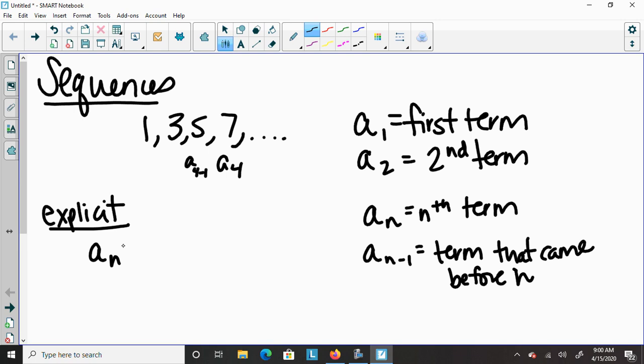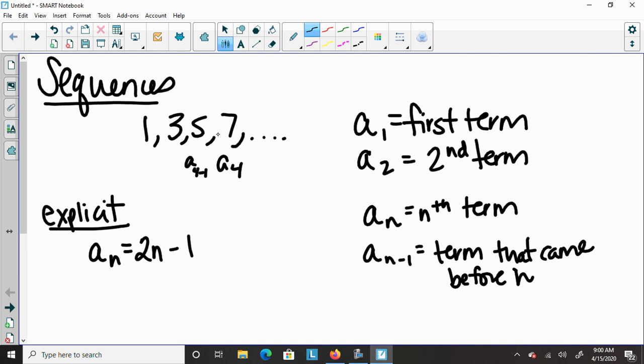So if I said A sub n is equal to 2n minus 1, this is going to be your formula for all of the numbers in your sequence. If I wanted to find a specific term, like the fourth term, I just plug in 4 for n. If I want the fifth term, I plug in 5 for n.